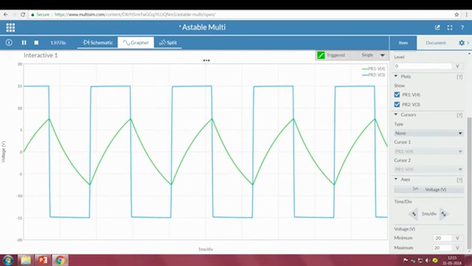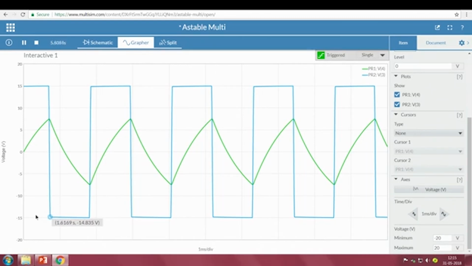Now, whether it is right or wrong, how do we know? One thing is, when our input voltage is greater than plus V reference, we should get minus VCC. Now, observe here, when the green capacitor voltage goes more than 7.5, see the value 7.48, approximately 7.5, the output is going to minus VCC, right.